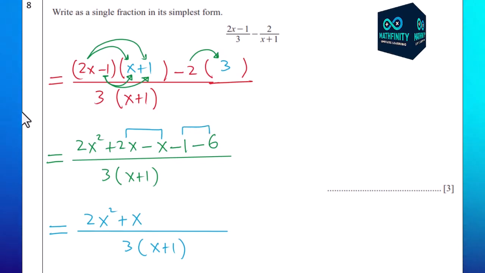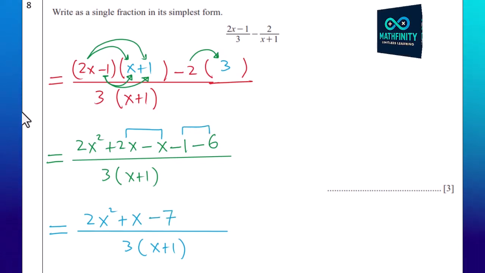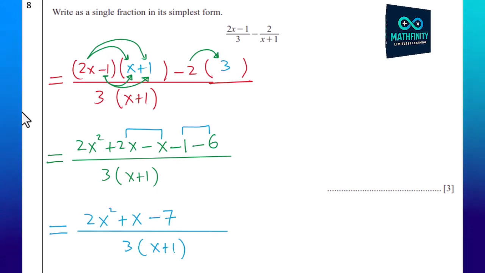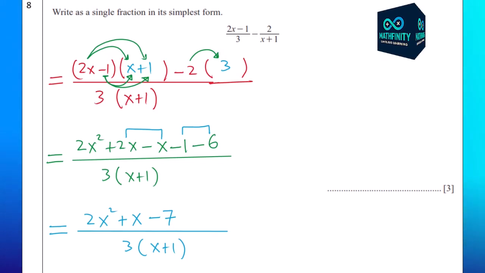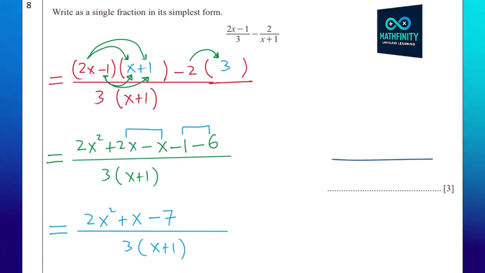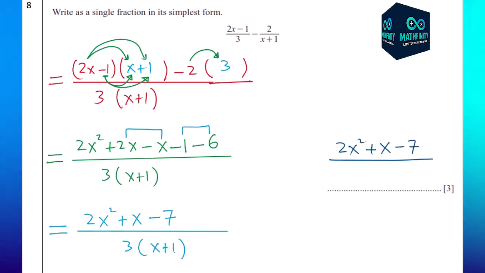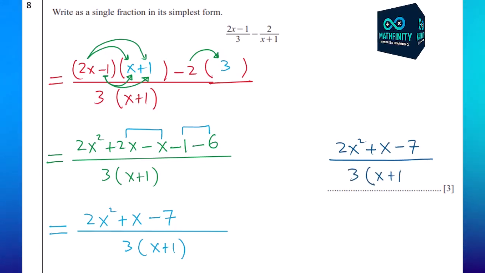Minus 1, minus 6, gives minus 7. This is the final answer, but you have to write in the answer space: 2x squared plus x minus 7 over 3x plus 1. That's it.